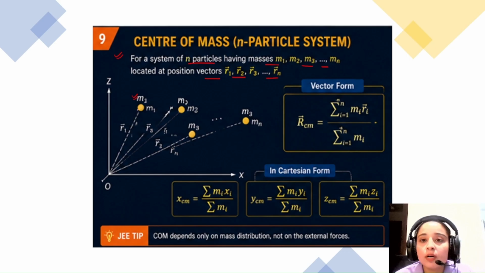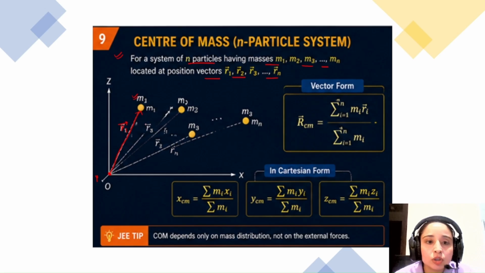In order to identify the position in space, we first draw a reference frame, which is the x, y, and z axes, and we consider our origin from where the positions of all the masses can be calculated. So we draw a position vector starting from the origin to the mass of the body, a straight line joining the origin to the mass. That will give the position of the first particle, which is the r1 vector.